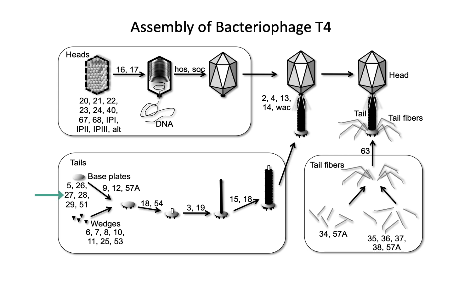In the meantime, the tails are produced. The base plates, you can see, take 6 different genes, and then the wedges require another 7. The complexity of the base plate is primarily caused by the fact that these are what interact with the host cell membrane and cell wall, and so these are crucial to infection.